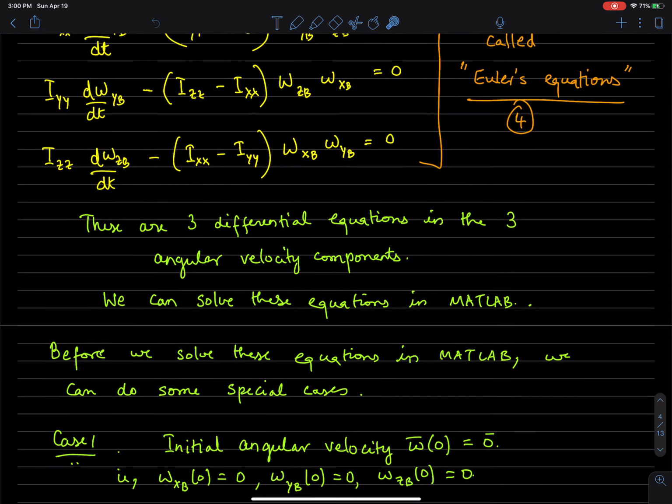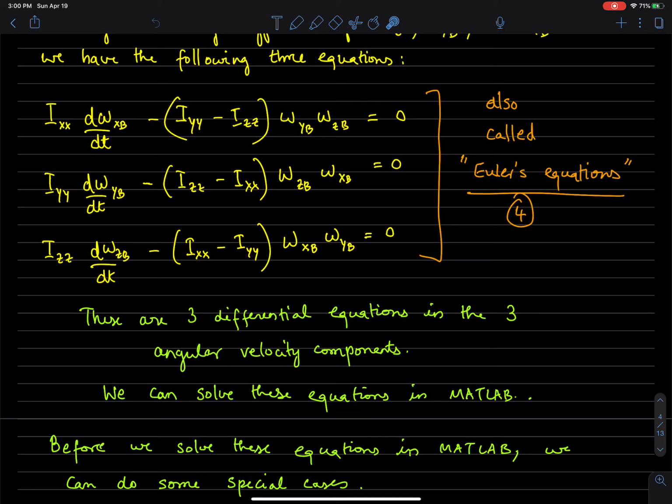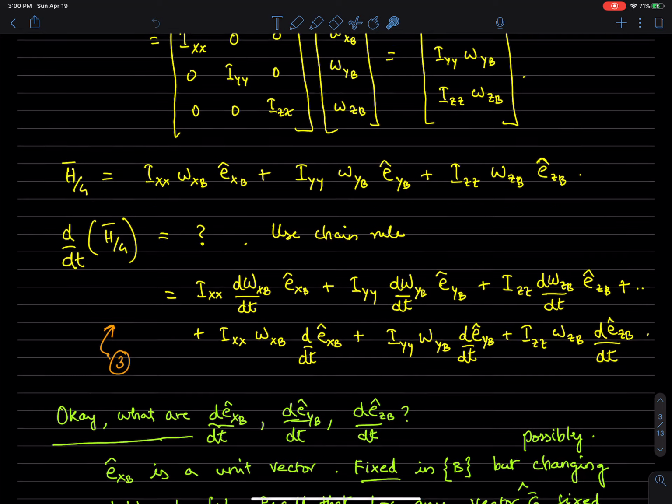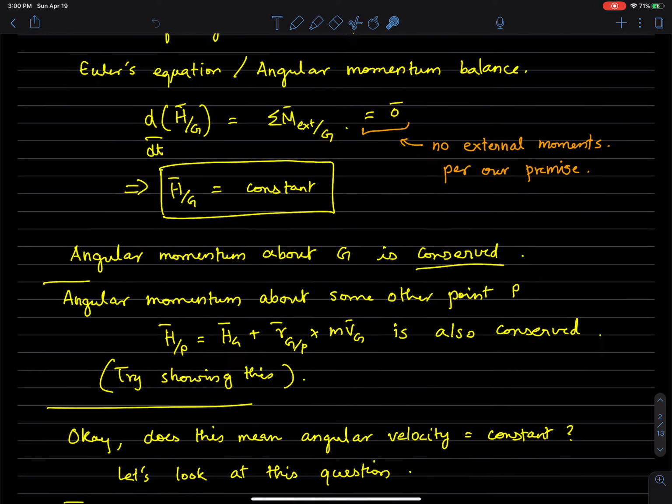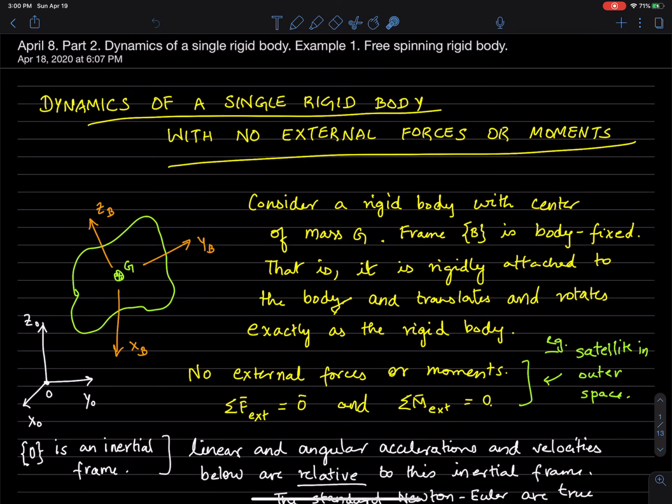Okay, we can solve these equations in MATLAB, and that's how we start to simulate a 3D rigid body spinning potentially in free space in the absence of any external torques, right? So let me go back here actually.